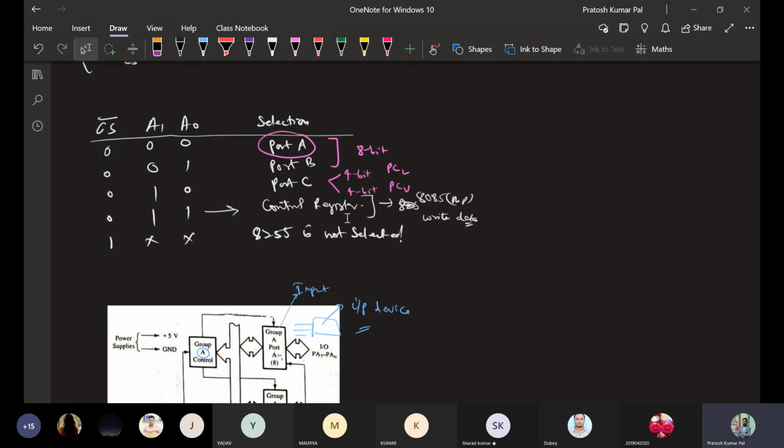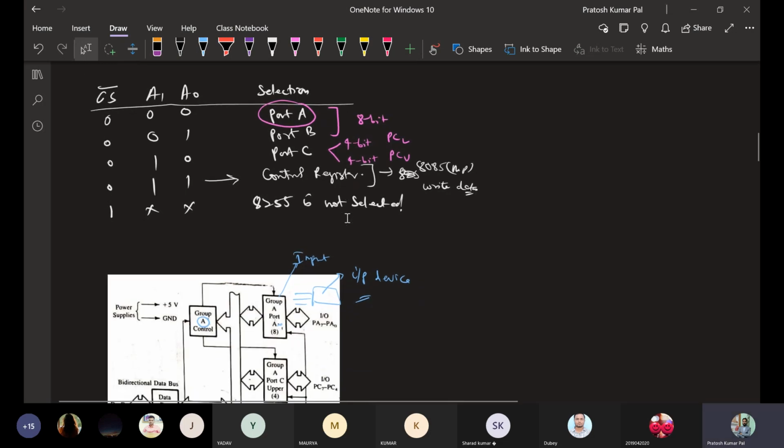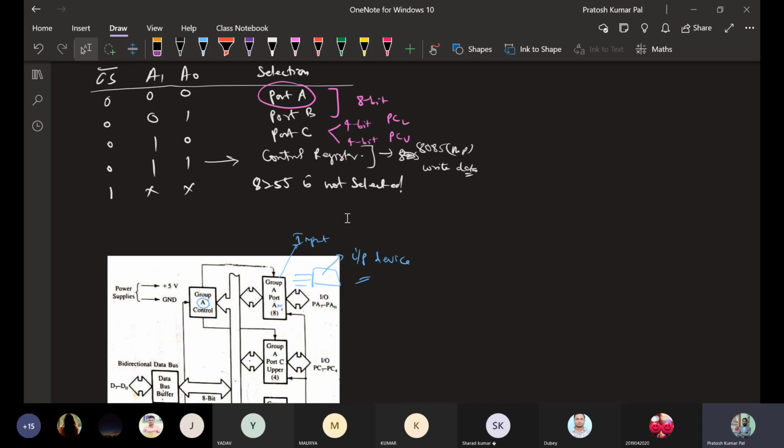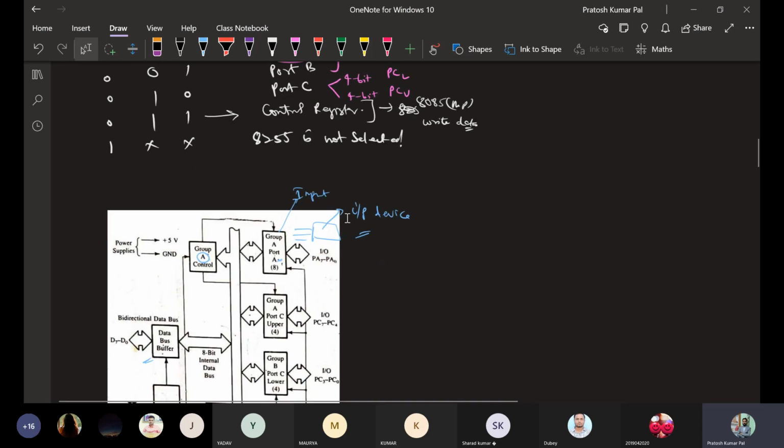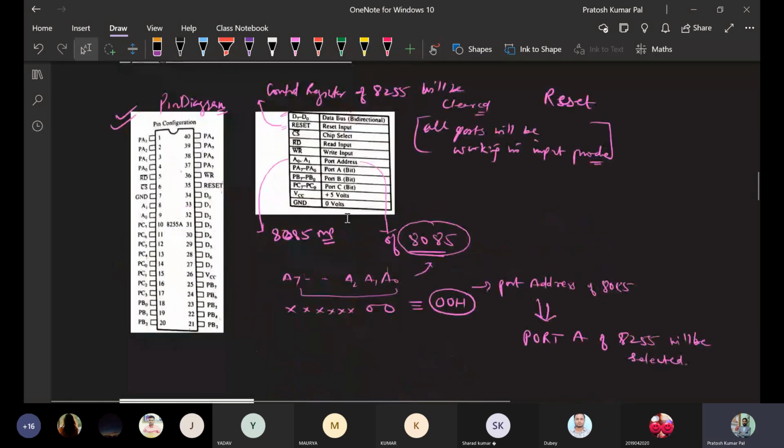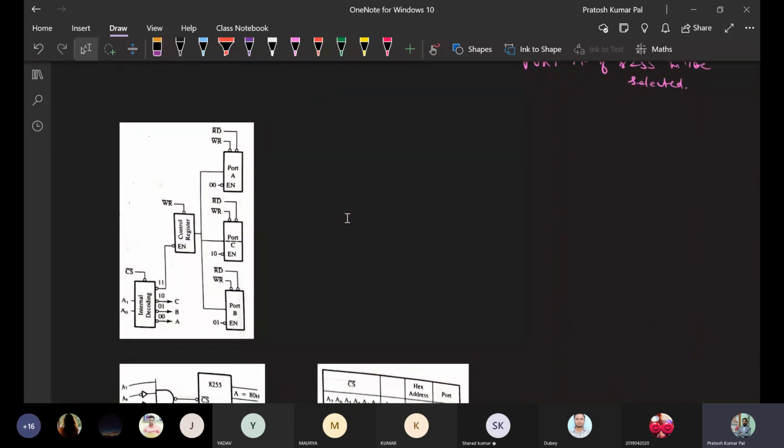The control word is the instruction given to 8255 by 8085, the microprocessor, telling it what particular operation to perform. These control words direct the 8255 to operate in a particular mode.